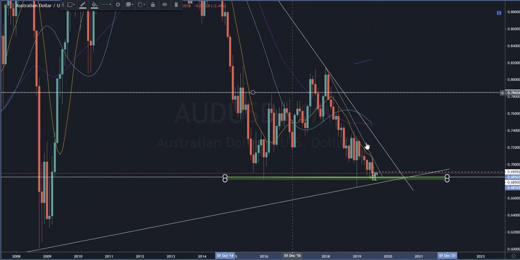So on the medium term, it does look like this could break and sort of hover around this area, this demand area here. And if that does break, then we will have a lower low. And then we'll be looking at short positions. But at the moment, we haven't broken and closed below this spike here.